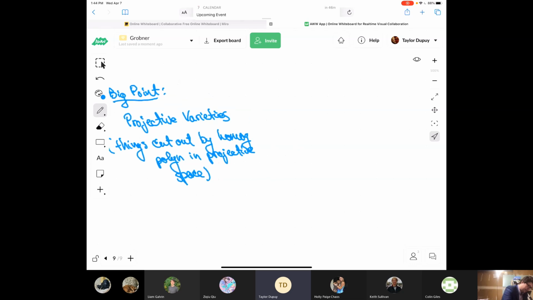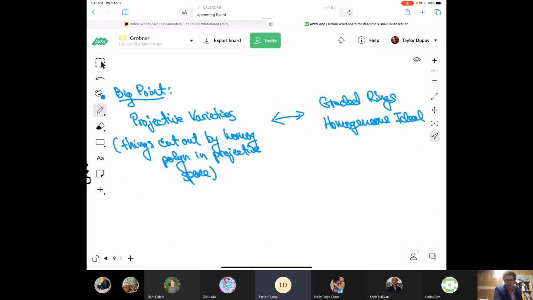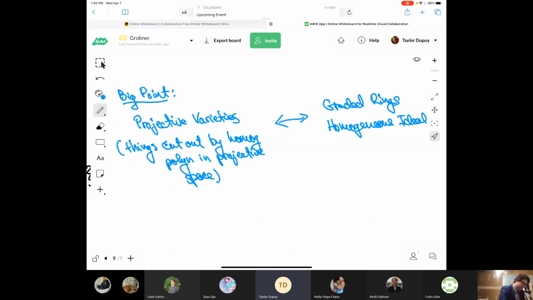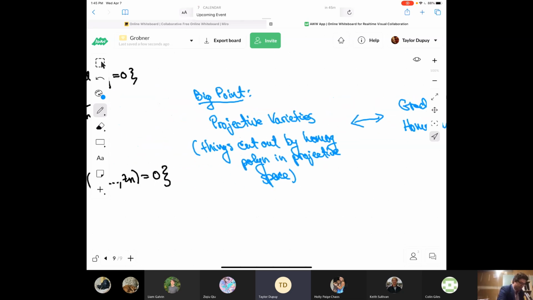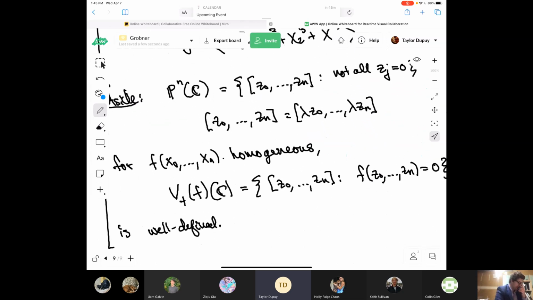This is the geometry side of things. This has to do with graded rings and homogeneous ideals. In the same way that affine varieties have to do with rings, projective varieties have to do with graded rings. And so there's a whole geometry to graded rings as well.